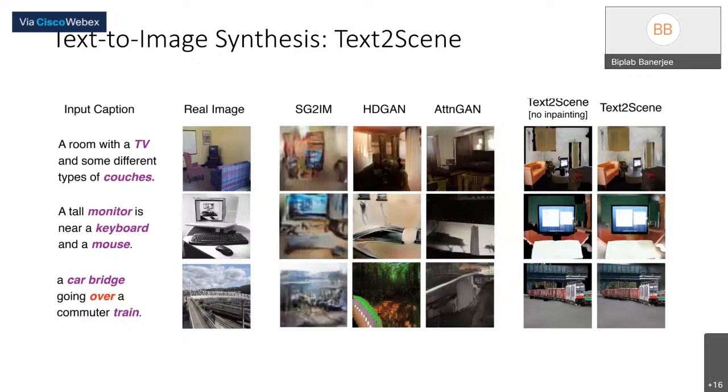So this is a type of generative modeling in machine learning in general, where conditioned on some caption, conditioned on some feature, we generate some visual data. This is conditional image synthesis, and it is extremely challenging.